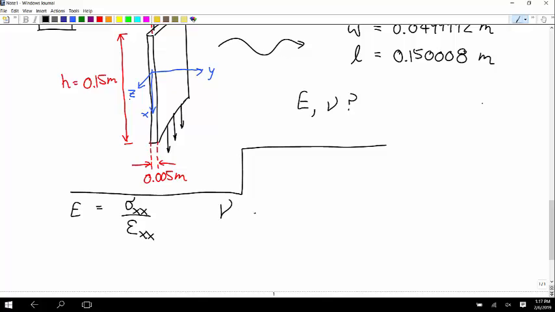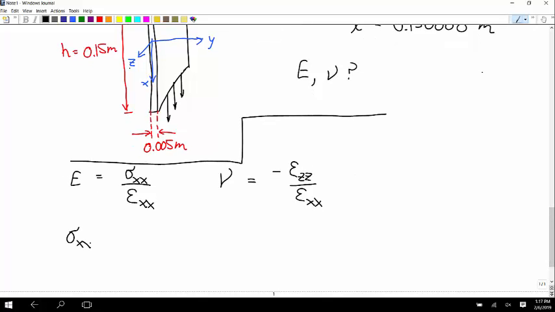And Poisson's ratio is negative off-load normal strain, so this can be YY or ZZ. We're going to use ZZ in this case because that's the values that are given, divided by XX.